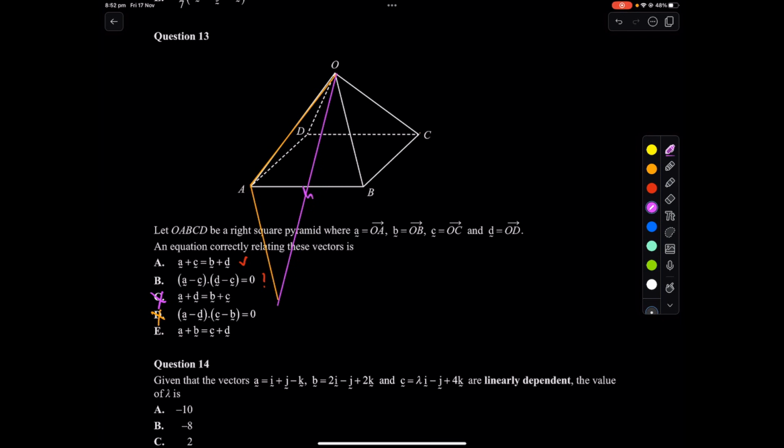That should equal C plus D. So C is this plus D, which is this over here. If I take this vector and put it right over here, they are absolutely not equal. So the only possible answer that is 100% true is A. Alright, that's it.